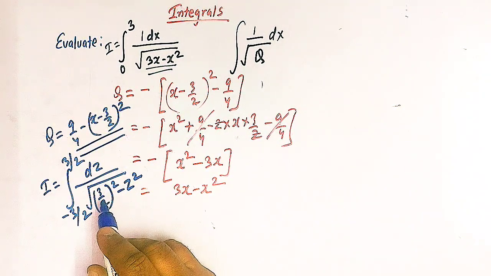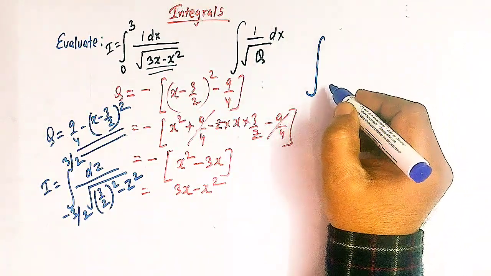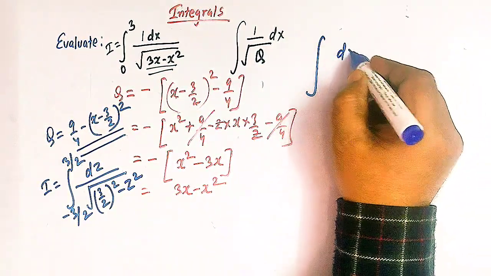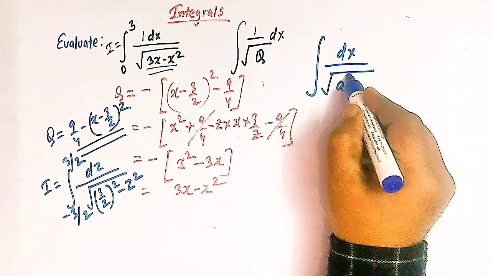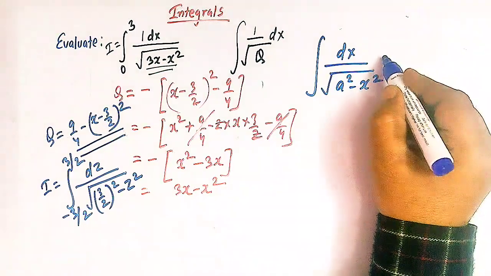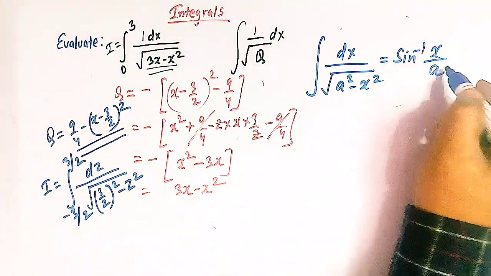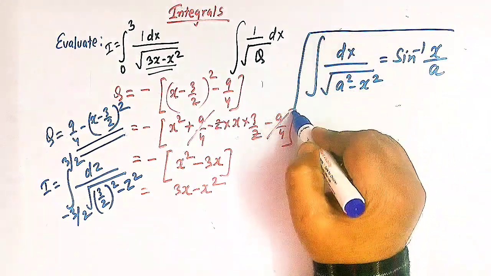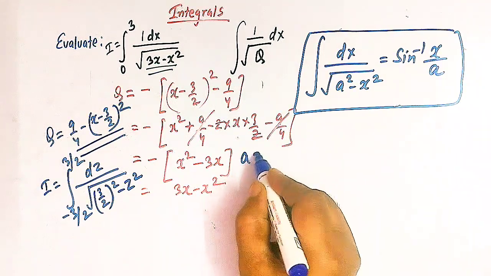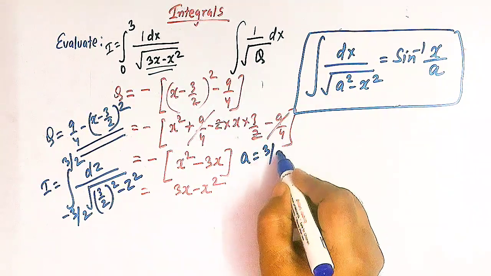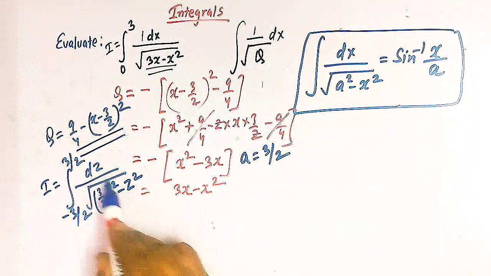So now to integrate this function we will make use of a standard result. We know that the integral of dx over square root of a square minus x square is given by sine inverse x over a. This is a standard result. So we have a as 3 by 2 and the variable x is z here.